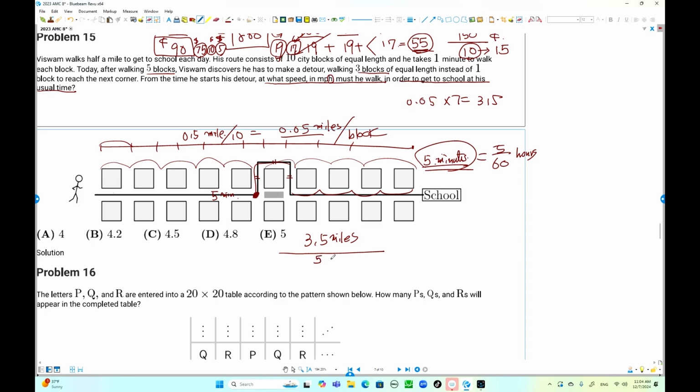So, for 5 over 60 hours, this is the speed, isn't it? 3.5 times 60 over 5, right? Or this is 1 over 12 times 12. Okay, that's the speed. Times 12 is what? 70 and 35, 4.2. Okay?